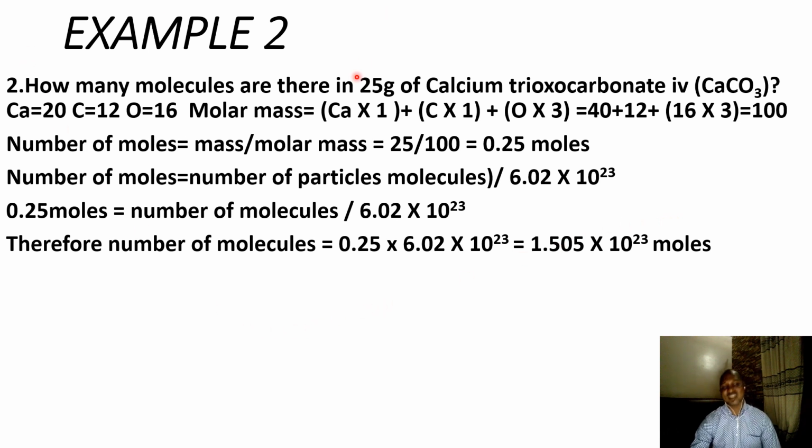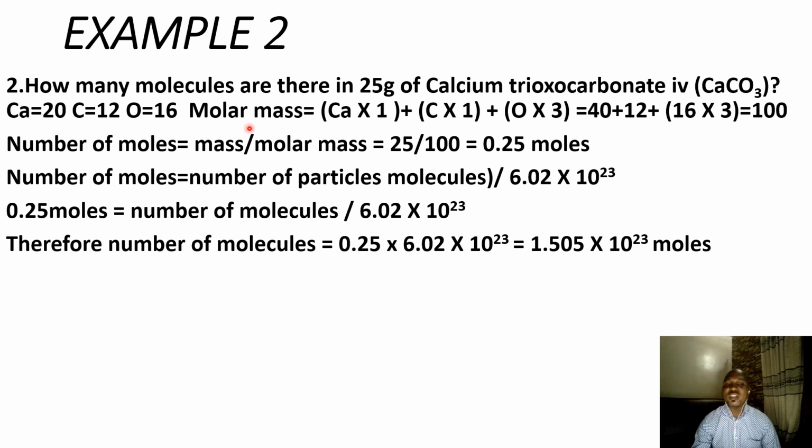Let's take another example. How many molecules are there in 25 grams of calcium trioxocarbonate IV? It's important that you know the formula of calcium trioxocarbonate IV as it is described here, CaCO3. Now, if you calculate the molar mass, you find out that calcium has an atomic mass of 40, carbon has an atomic mass of 12, oxygen has an atomic mass of 16.